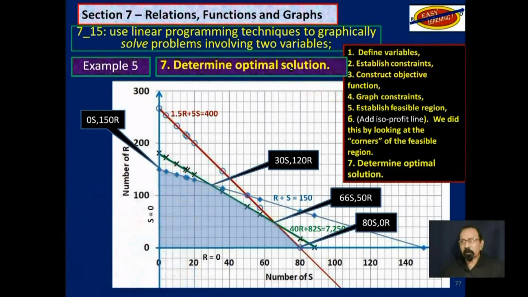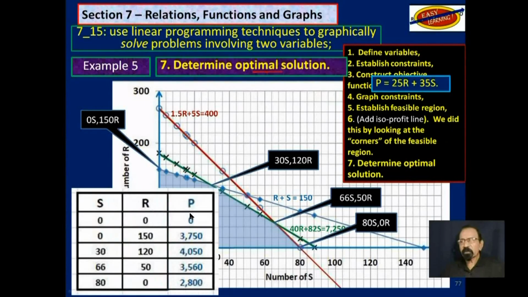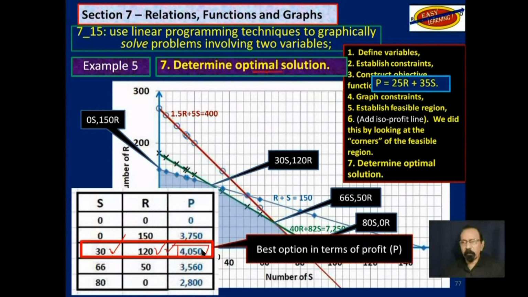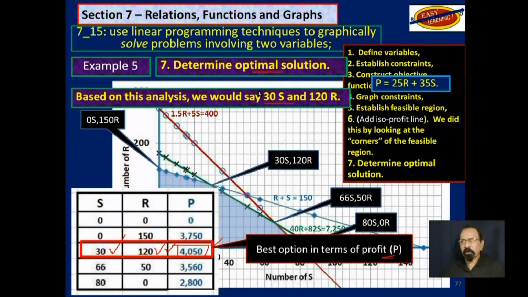So determine optimal solution. These are our options for the 5 points. And as you can see, this one here, 30S and 120R will give the most profit. So the best option in terms of profit is this, which is 30S and 120R.